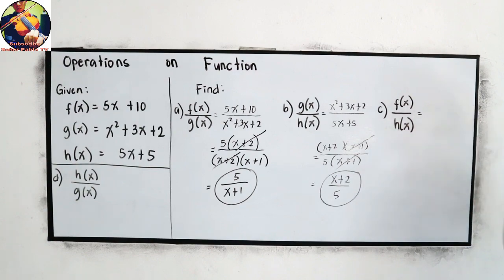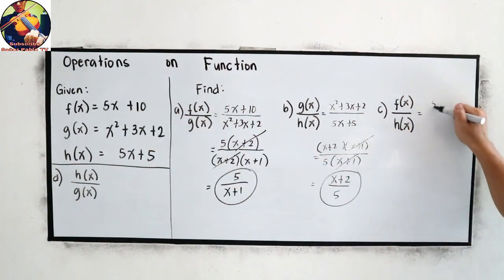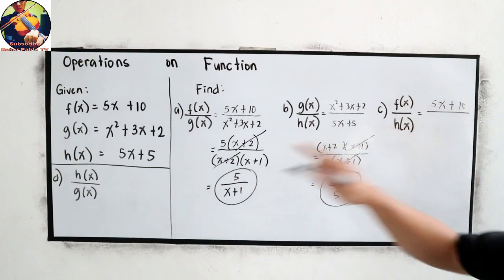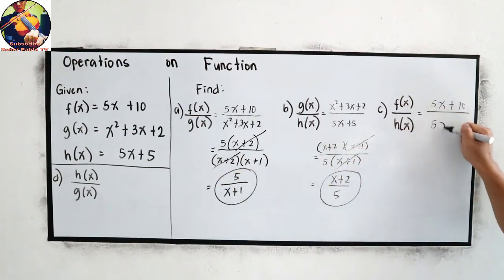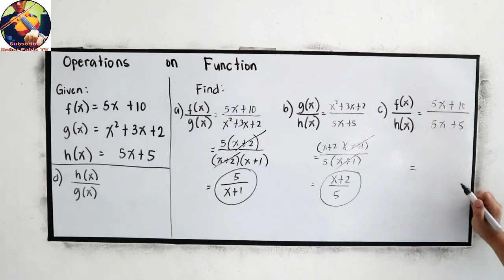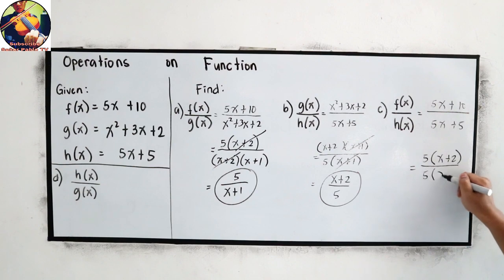Let's try letter C. f of x, copy, 5x plus 10 over h of x, 5x plus 5. Now, factor out. So the common factor in the numerator is 5, then x plus 2 over denominator 5 times x plus 1.